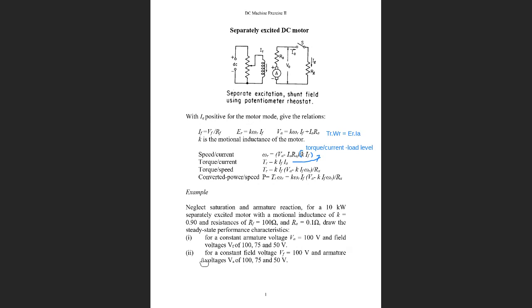The second case is a constant field voltage, which means we fix the excitation strength at a field voltage of 100 volts. However, we can change the armature voltage, to see how the motor performance changes.